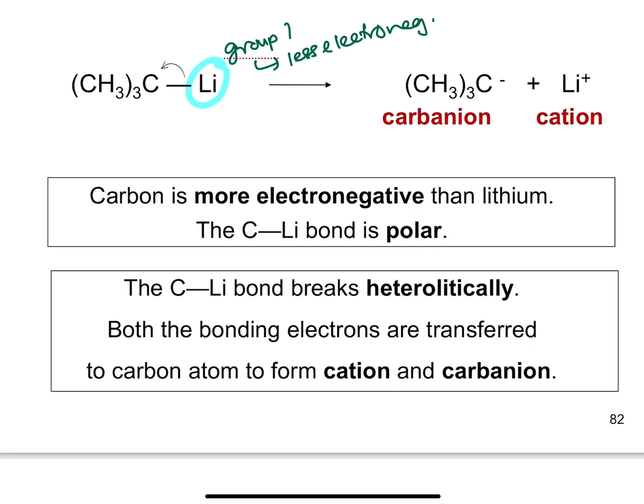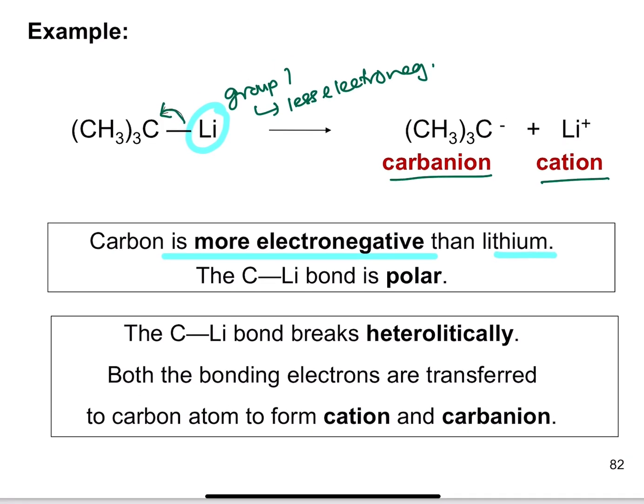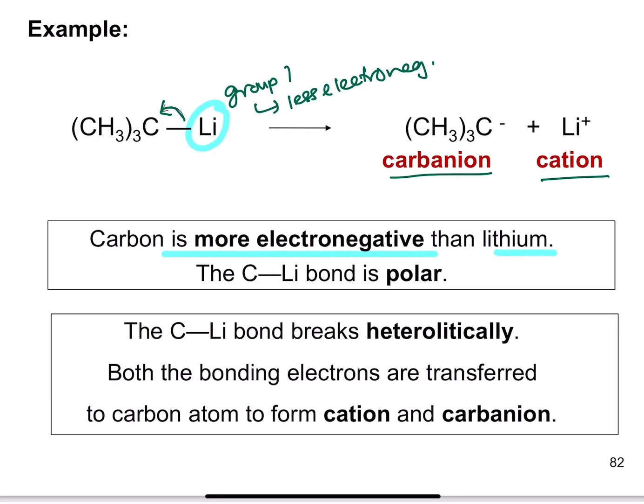So carbon will be more electronegative than lithium. Thus, carbon now will attract all the electrons towards itself, forming a carbanion, and the lithium now remains as a cation. So I think it's quite clear what is a carbocation and carbanion.